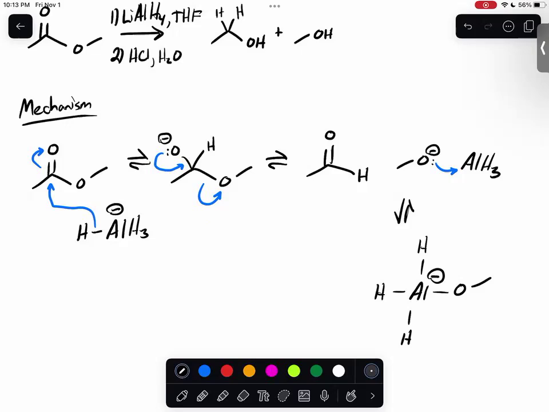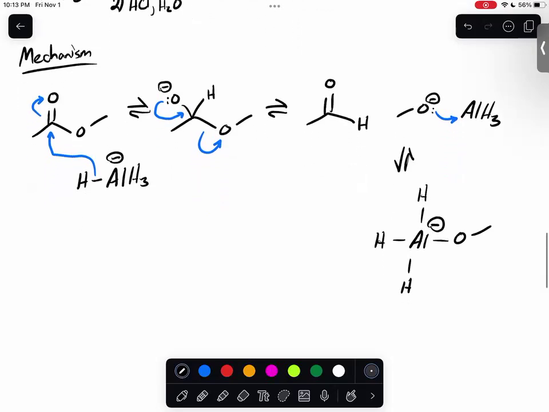Now here's the thing. This looks quite a bit like lithium aluminum hydride, the aluminum hydride part, just with an oxygen now attached. So what that means is that something like this hydrogen right here is still available as a nucleophile.